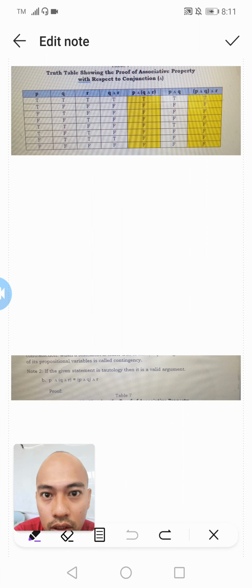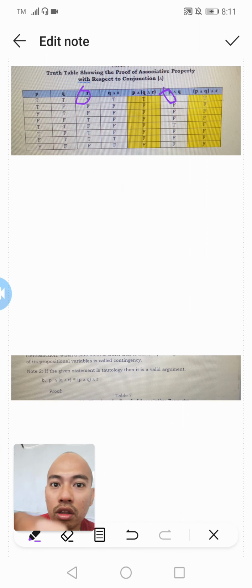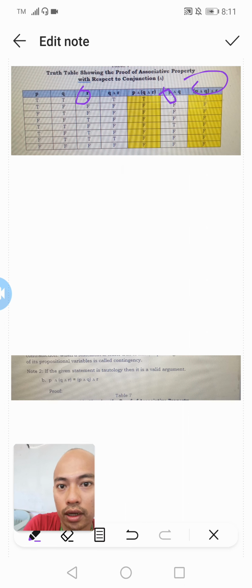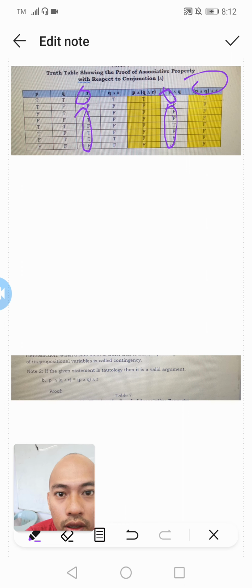Ang gagawin natin dyan, we connect it, yung true statement under P and Q to the true statement under R. So that will be a true compound statement on this statement. Okay? So true siya. And the others, okay, false, true, false. These are now holds to be false statements. Okay, false lahat yan. That's why itong statement dito are also false.